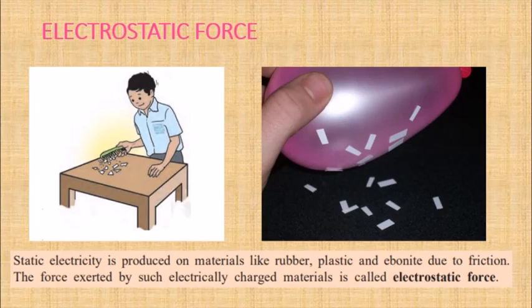When you take that comb near the bits of paper, as there is a different charge on the bits of paper and some charge on the comb, both the charges try to attract each other, and that is the reason why the bits of paper stick to the comb. You can also try it with a balloon, and you will see that the small pieces of paper are attracted to the balloon as well. So this is called the electrostatic force.